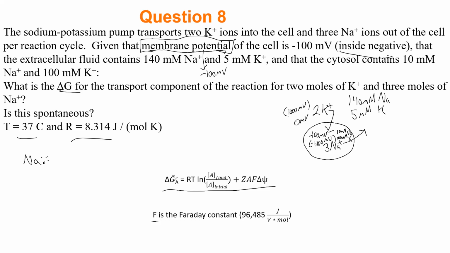The delta G of movement for A, in this case Na because it's sodium, is R, the gas constant, 8.314, times T. Here, our temperature needs to be in Kelvin, because the gas constant has a unit of Kelvin, and I gave you a T in Celsius, so those don't match and we need to convert. So 37 plus 273, which is 310.